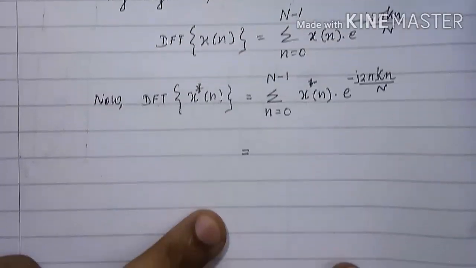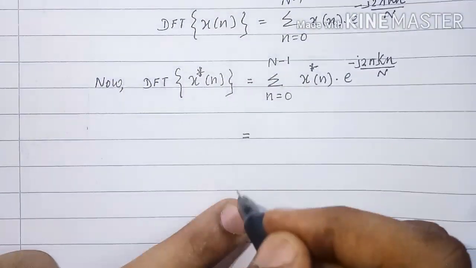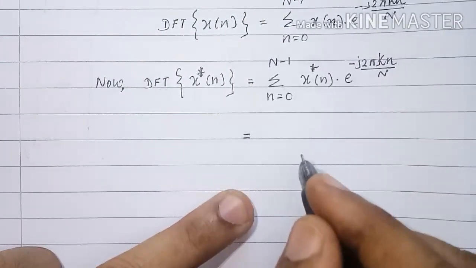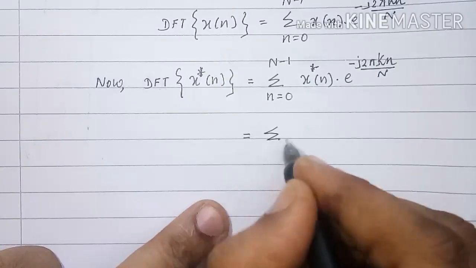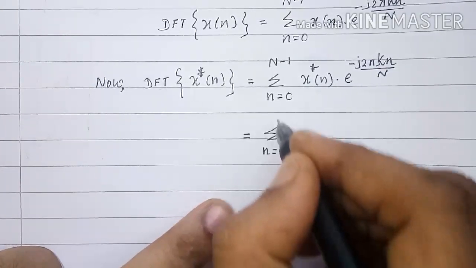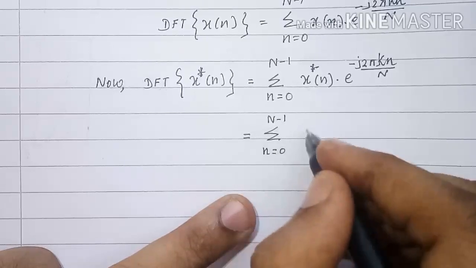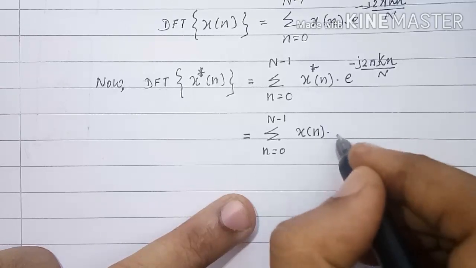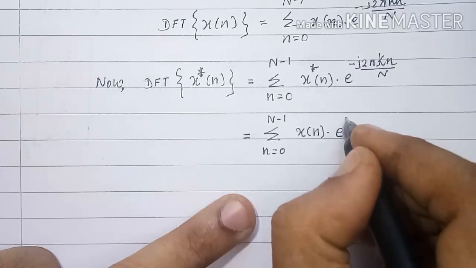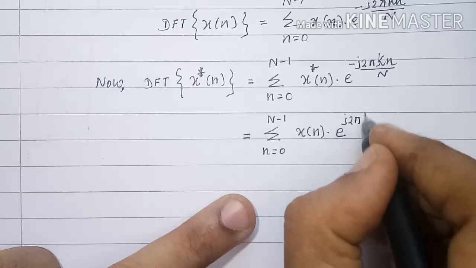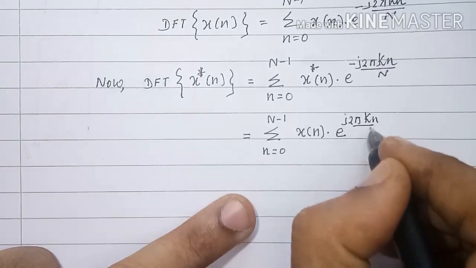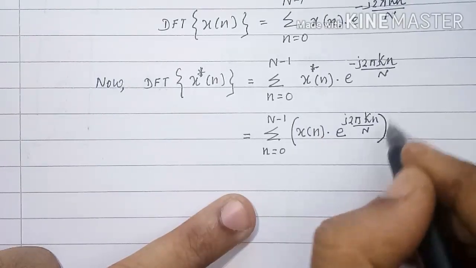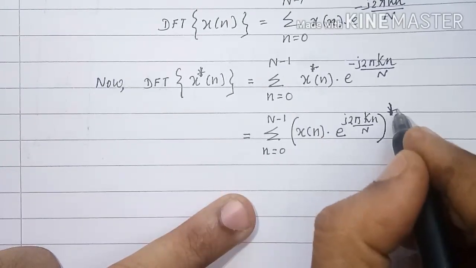That is equal to, now we can write this DFT expression as summation n equal to 0 to N minus 1 of x of n into e raised to j2 pi kn upon capital N, complex conjugate.